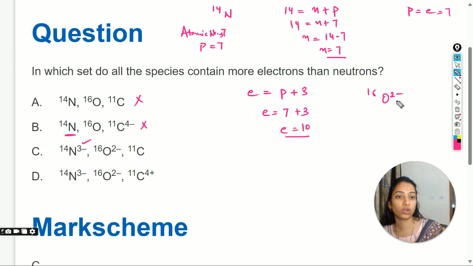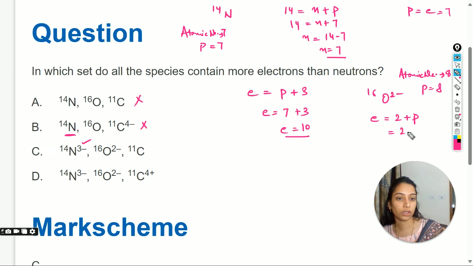Here 2 negative charge is there, which means number of electrons are 2 more than number of protons and atomic number is equal to 8, which means number of protons are equal to 8.